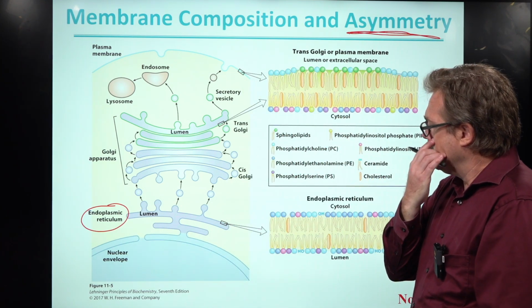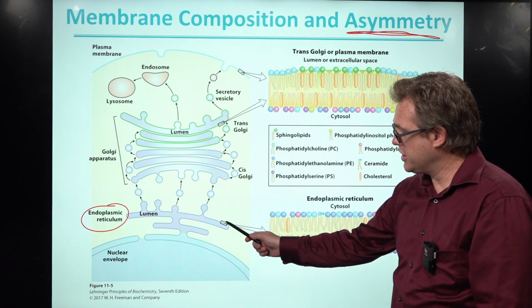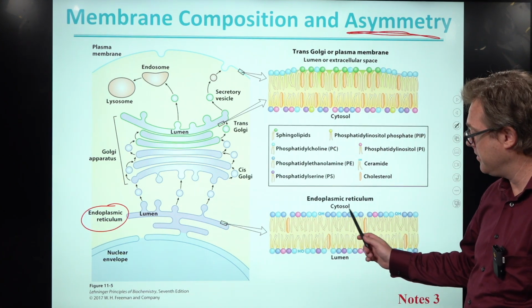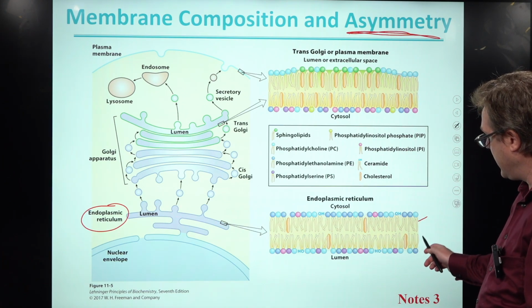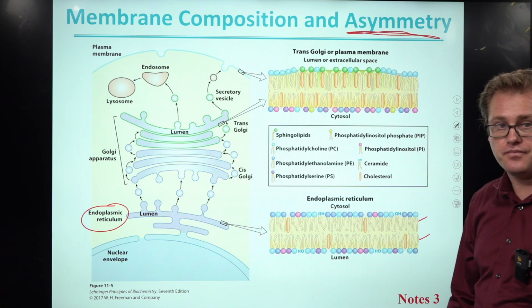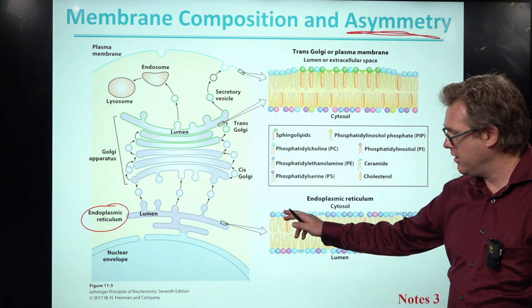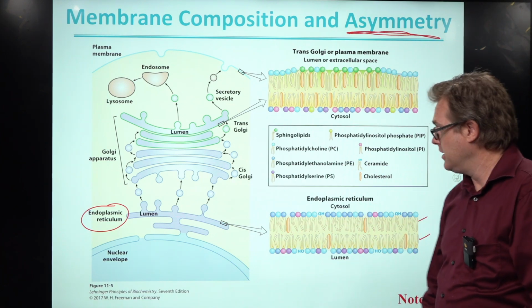And so you see this little rectangle right here? It's showing you the composition of those lipids right there. And when you take a look at the top leaflet and the bottom leaflet here, you can see that the colors on the top and on the bottom are relatively the same.